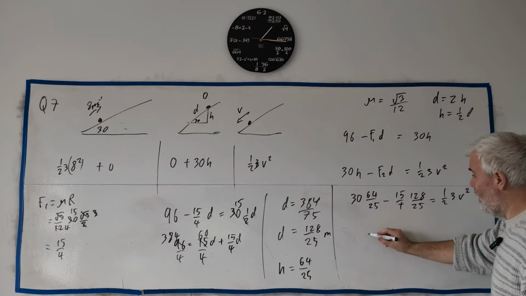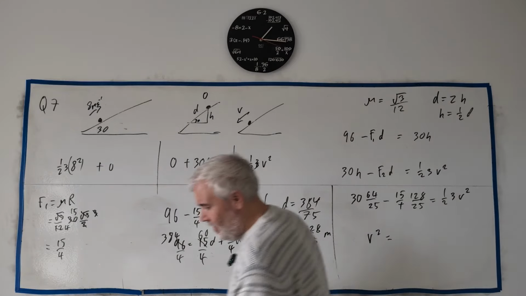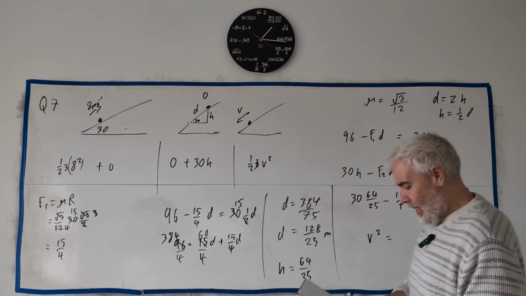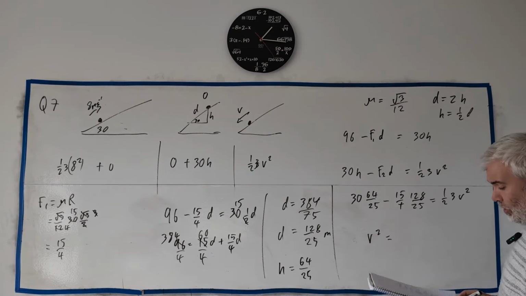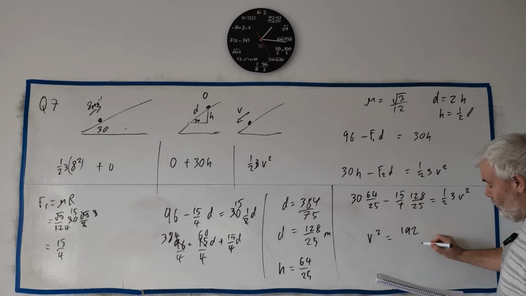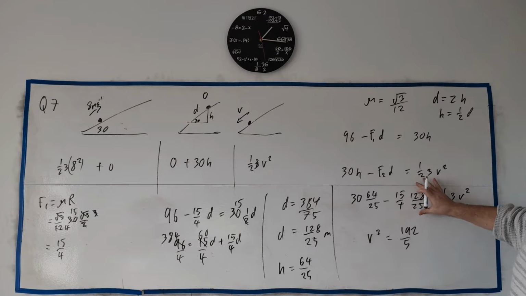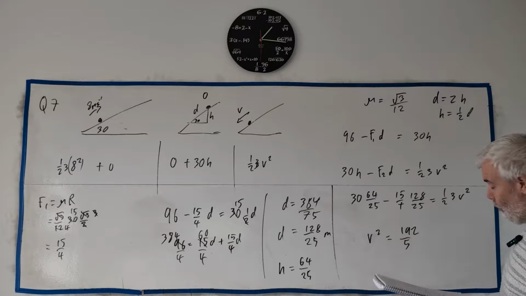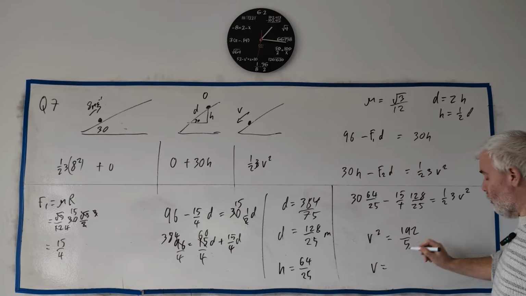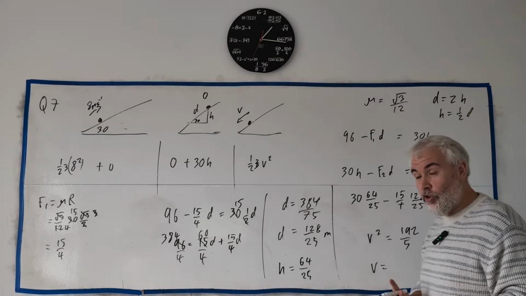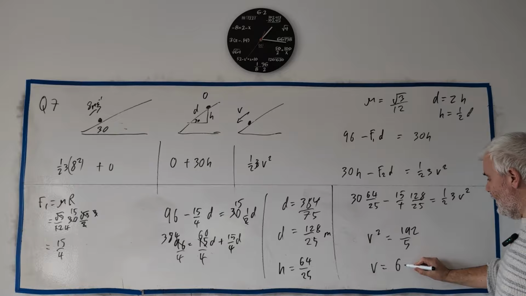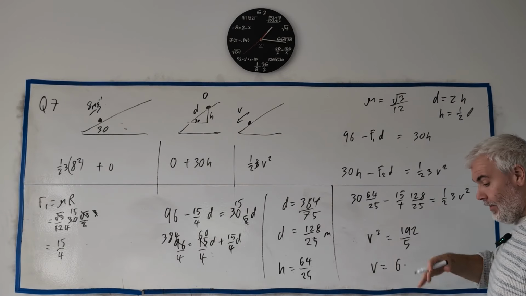The only thing not known here is phi squared. Rearrange that. I'm going to save myself a bit of time and go to the magic of my notes. And I get 192 over 5. I hope I don't have a mistake in there, because I'm taking a jump here. And then V is the square root of that, which to 3 significant figures is 6.196 something.